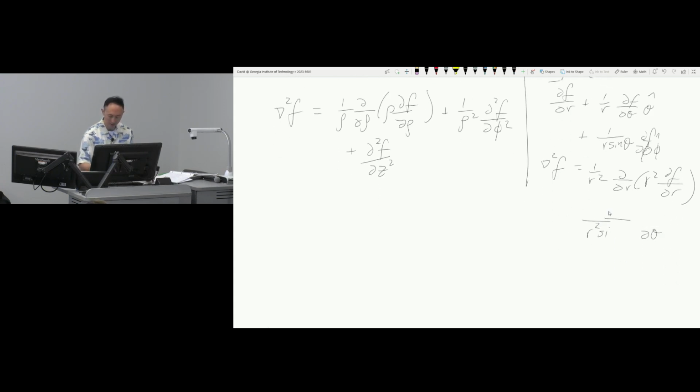All right, plus 1 over r squared sine theta d by d theta of sine theta df d theta, plus 1 over r squared sine squared theta d squared f d phi squared.